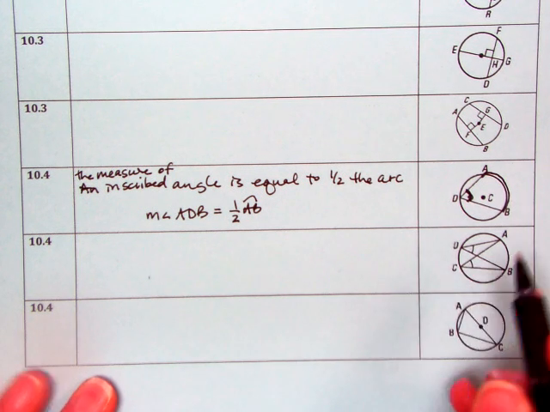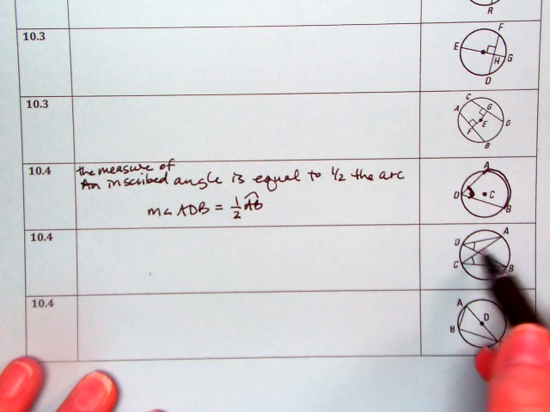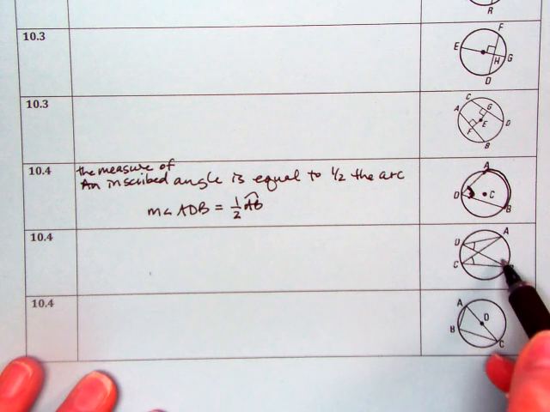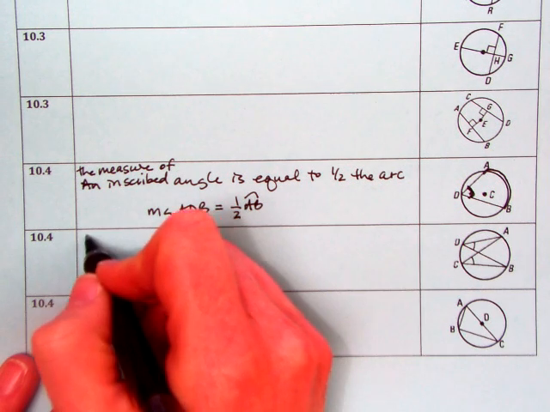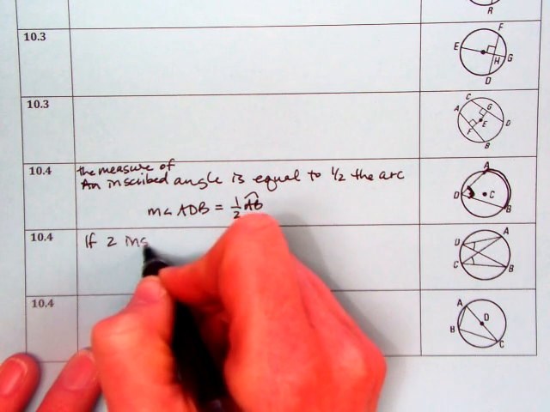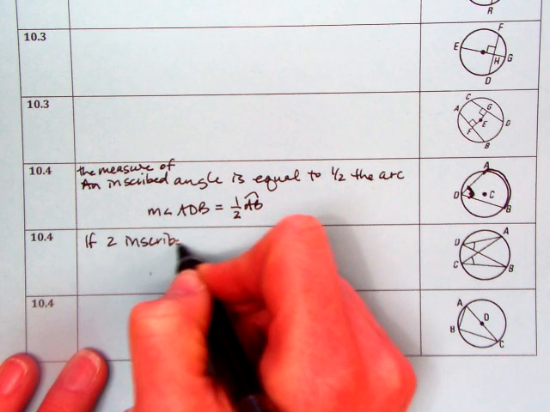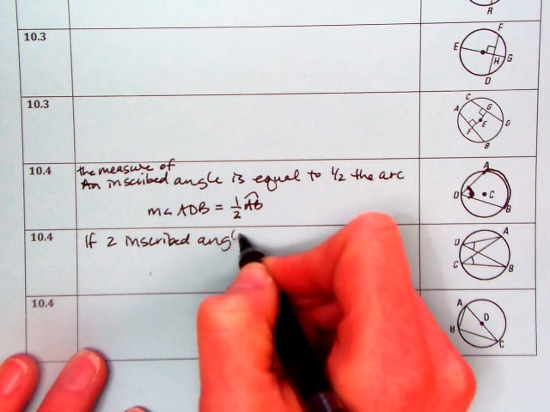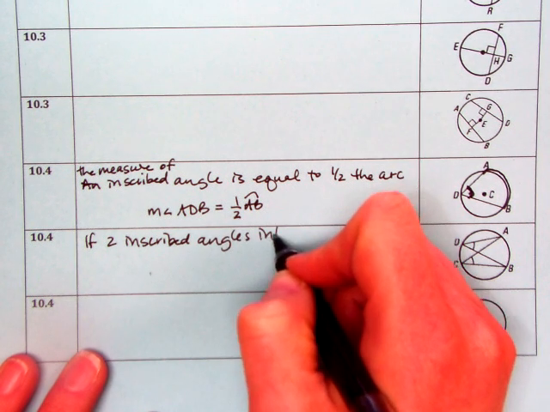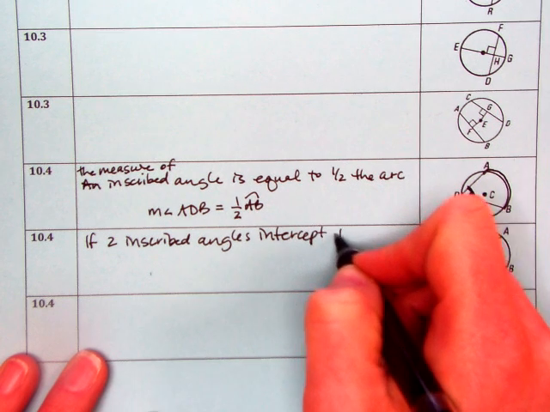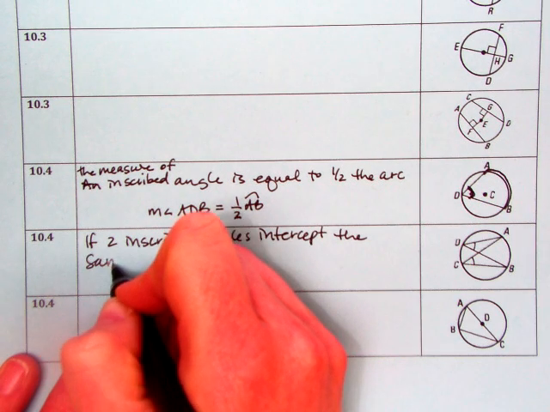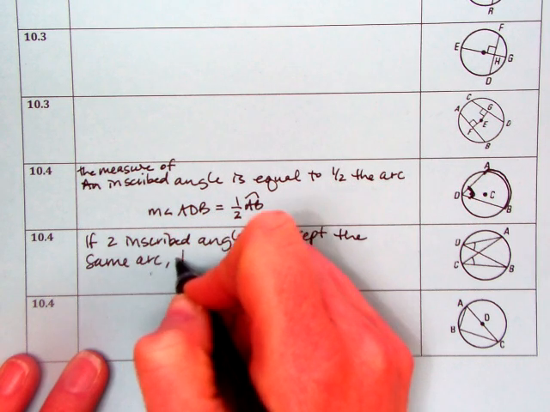The second theorem has to do with overlapping angles, or angles that share an arc. So if two inscribed angles intercept the same arc, then the angles are congruent.